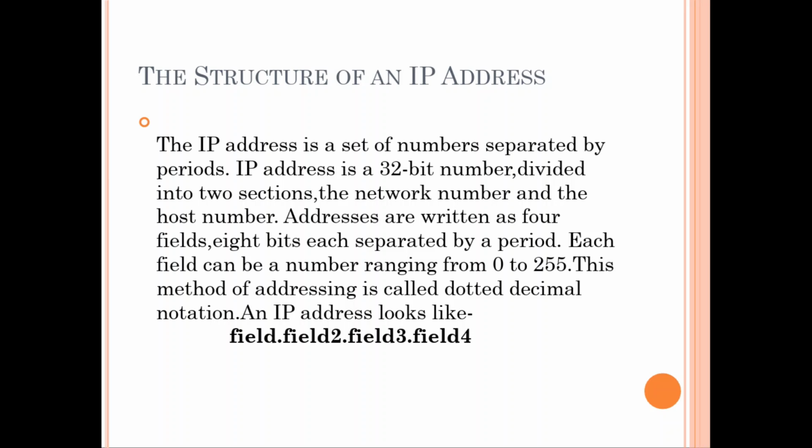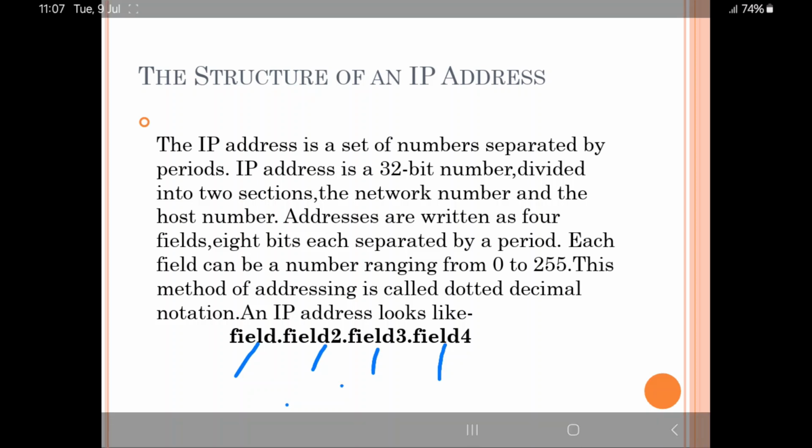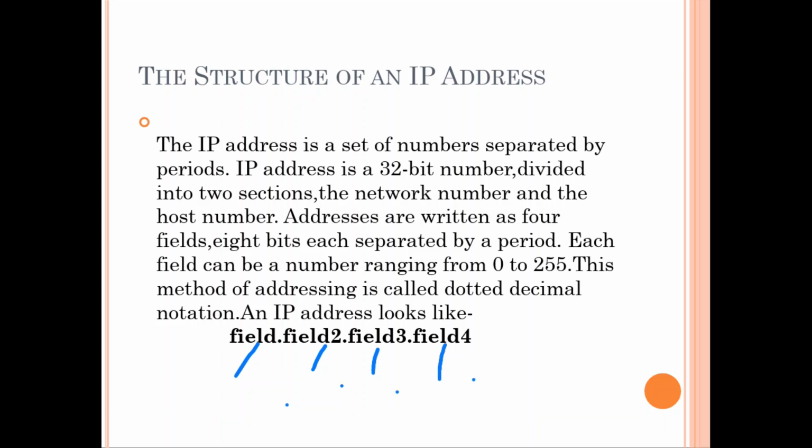The IP address will look like what you can see on your screen: field 1, 2, 3, and 4. Four fields, and all these fields are separated by dots. The range of every field is 0 to 255.